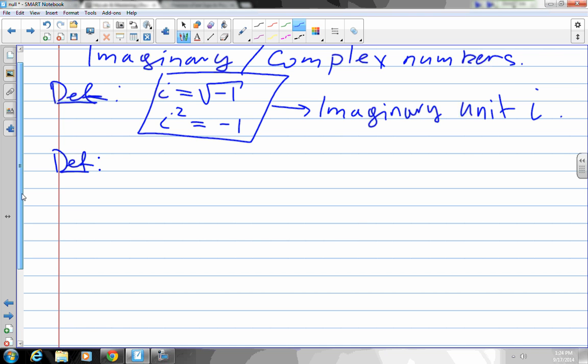So we also define a complex number as a plus bi, where a and b are real numbers.